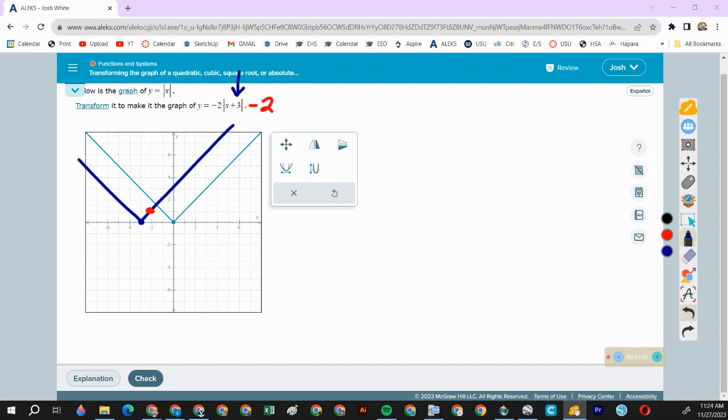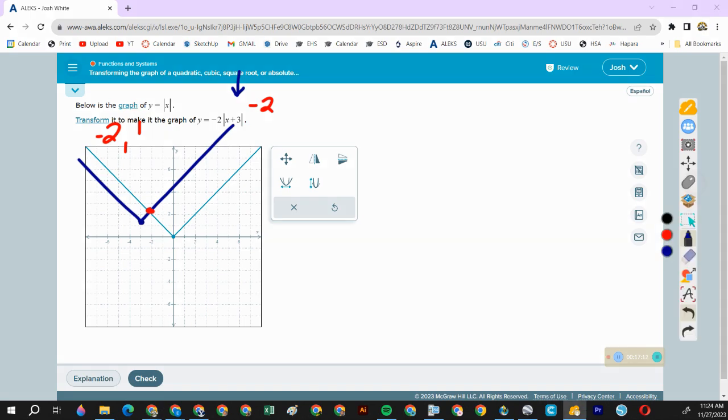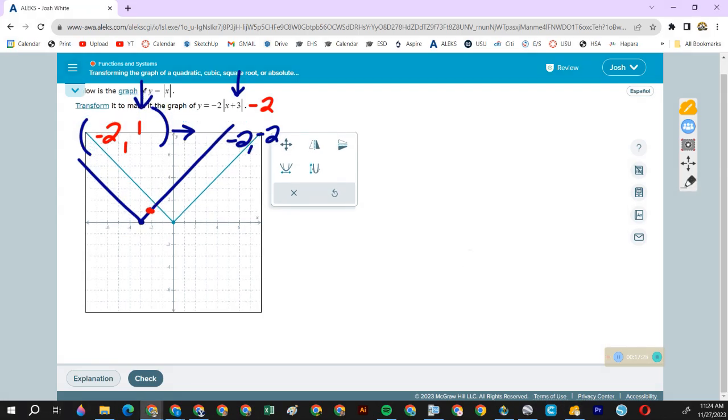So this point right here is negative 2 comma 1. Oops. So we're going to multiply this by negative 2. So that becomes negative 2, negative 2. Oh, I better move my graph back up. So negative 2, negative 2 right there.